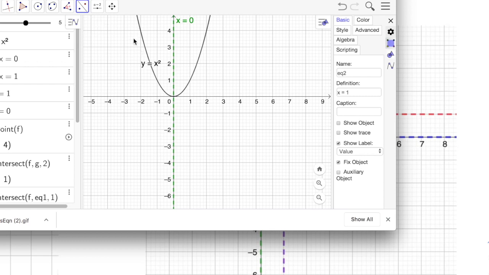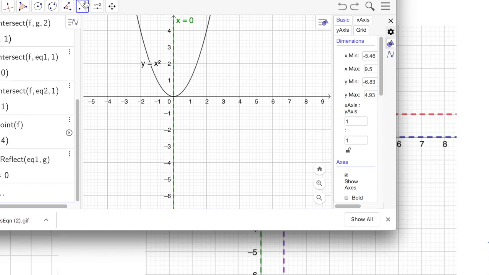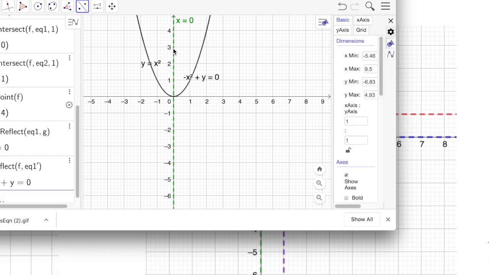So as you can imagine, if I take my parabola and I reflect it about the line x equals 0, there's no change. So this is what I mean by an axis of symmetry. This graph would fold over itself if reflected in the line x equals 0.